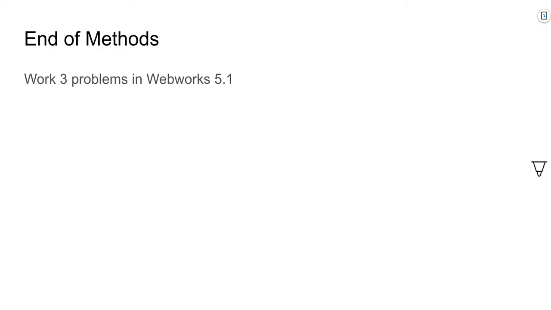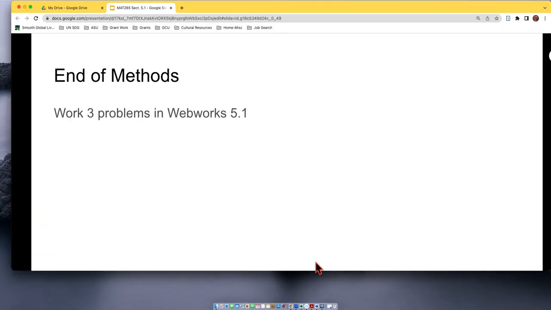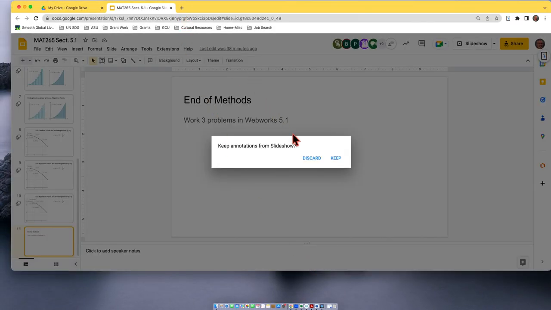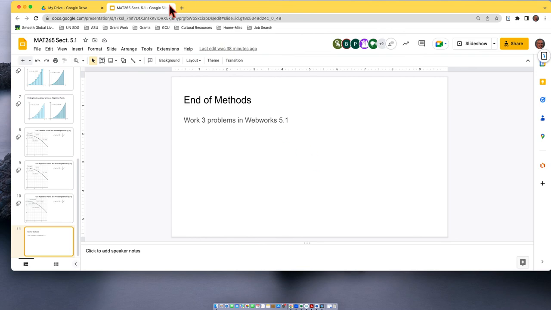Okay. So there are 3 problems in WebWork. Very much like this. 2 of them have a function they give you. So then you go, and if you'd like, let me show you how I used Desmos. We can discard that stuff.